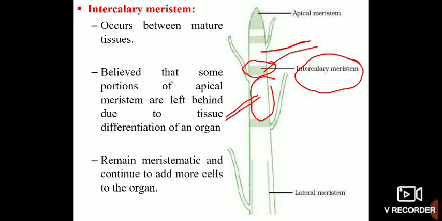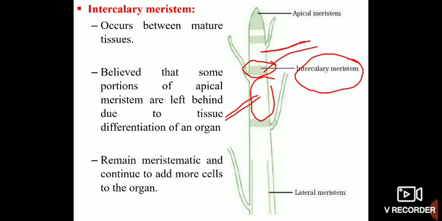And it is believed that the intercalary meristem develops from the apical meristem. When the apical meristem forms the plant organs, some cells in those plant organs, they remain meristematically active. They do not differentiate, and these meristematically active cells, they function as intercalary meristematic cells.